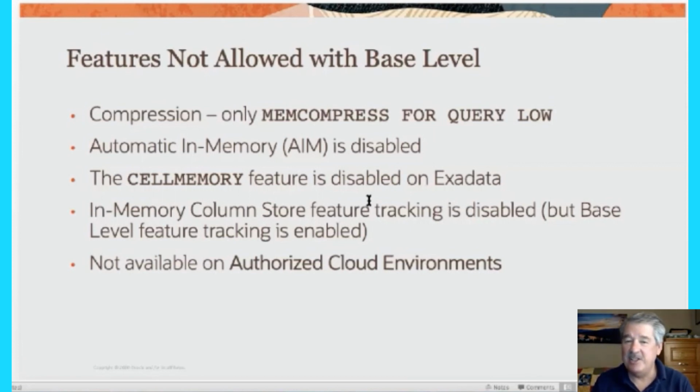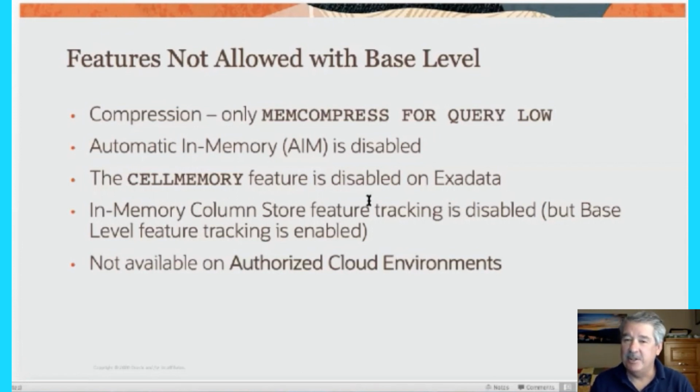So nothing changes there. The other things that we haven't enabled with base level, which we do have in the full option: automatic in-memory, which we introduced in 18c, is not available with the base level feature.